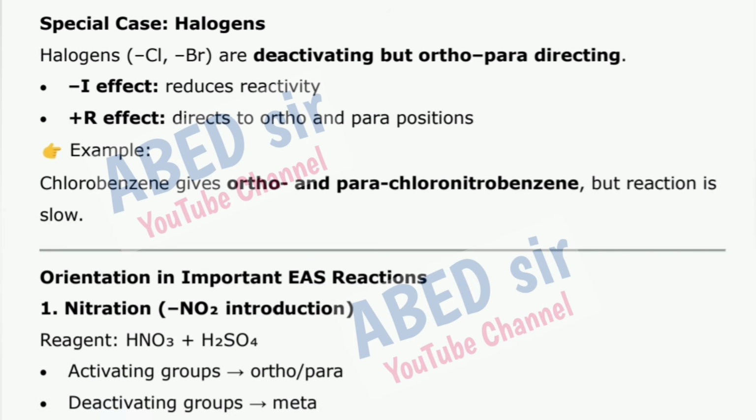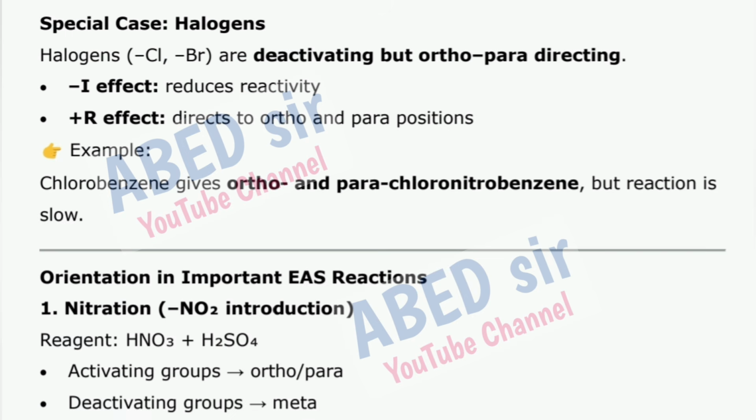Special case: halogens. Halogens Cl, Br are deactivating but ortho, para directing. Minus I effect reduces reactivity. Plus R effect directs to ortho and para positions. Example: chlorobenzene gives ortho and para-chloronitrobenzene, but reaction is slow.